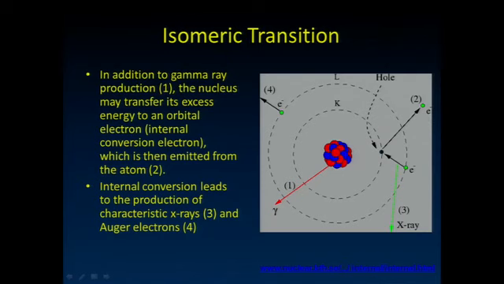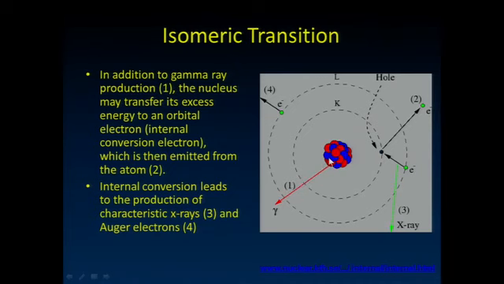And once that electron is gone, the characteristic X-ray production can occur, where this L-shell electron is going to come in and fill that slot and give rise to that characteristic X-ray. Or sometimes this energy difference gets imparted to an outer shell electron and we get the production of Auger electrons. So, things that we've talked about before. But in isomeric transition, the main thing that happens is the rise of this gamma ray.